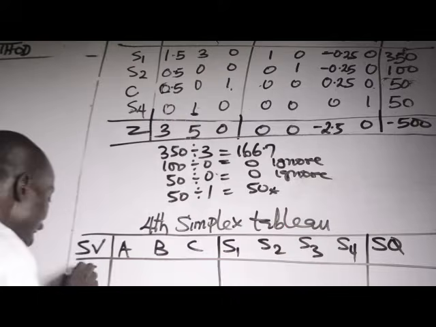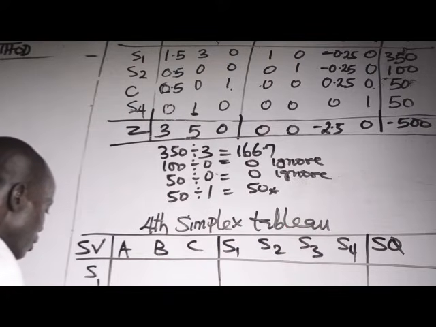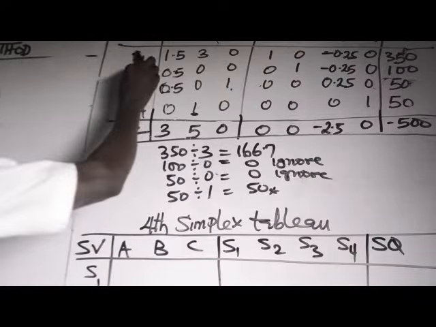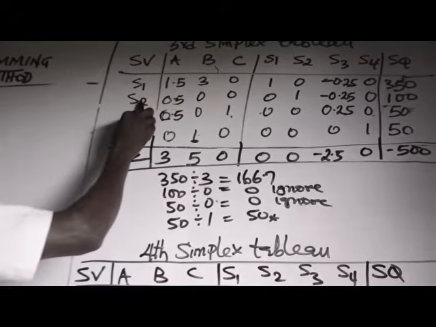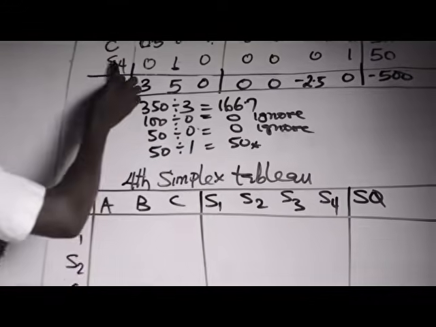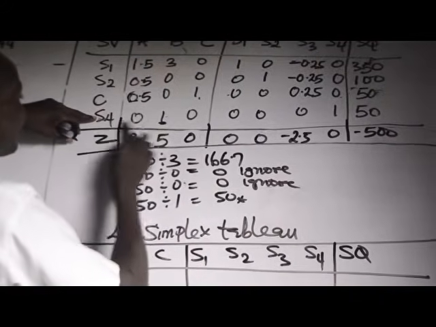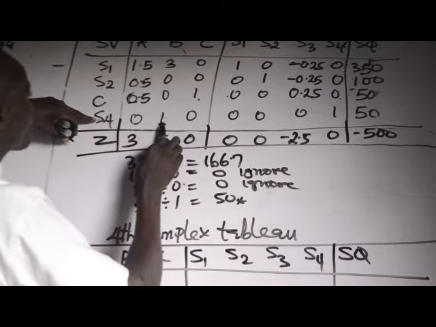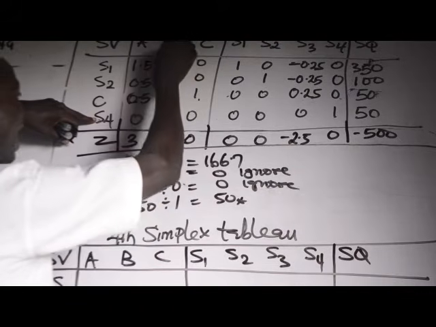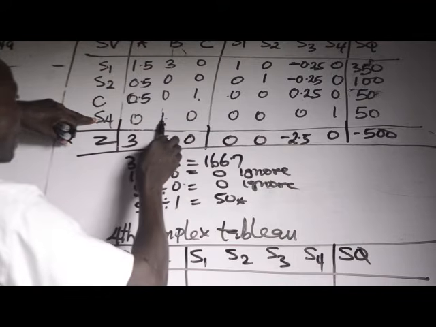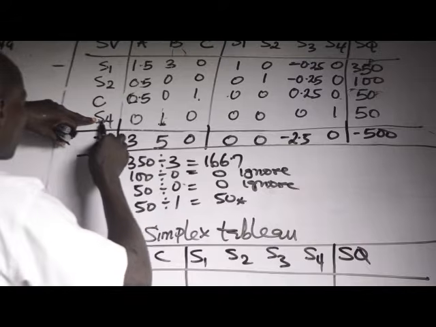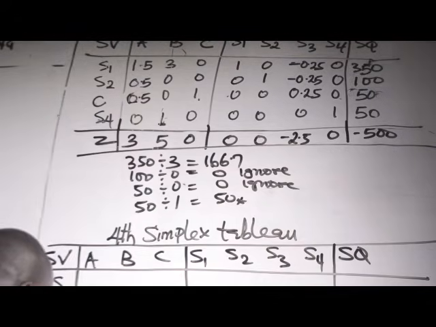So we have S1, S2, then we have C. Then I've told you that in place of S4, since S4 is our new pivot row, we are going to replace this S4 by B at the same column with our pivot element. So we have B in place of S4, while S4 will disappear. So we have B.